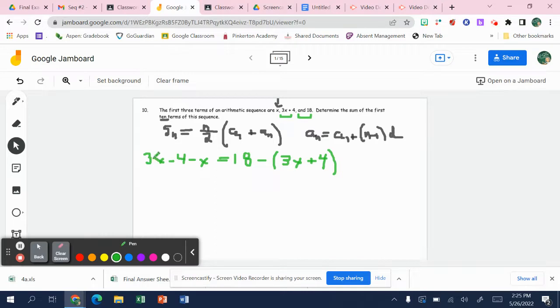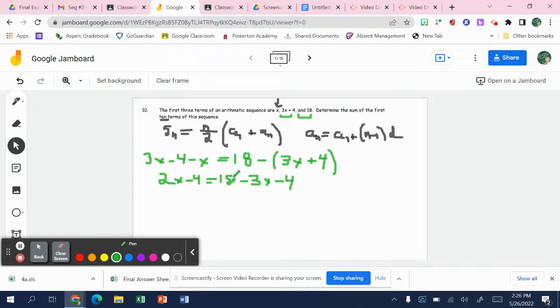Let's combine some like terms. 3x minus x would be 2x, plus 4, equals 18 minus 3x minus 4.